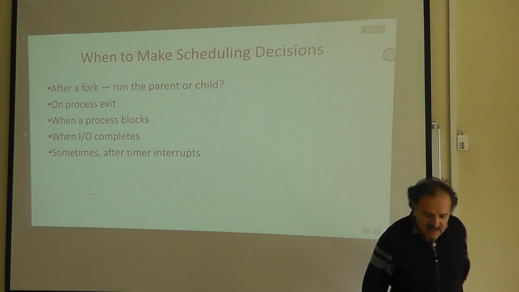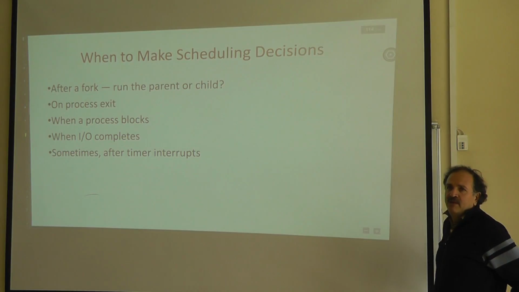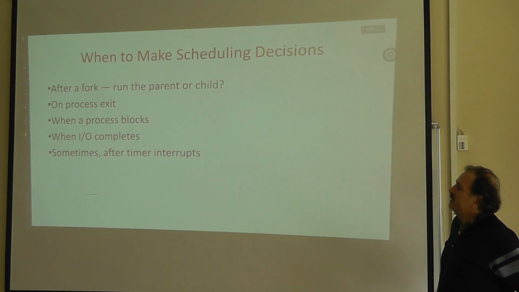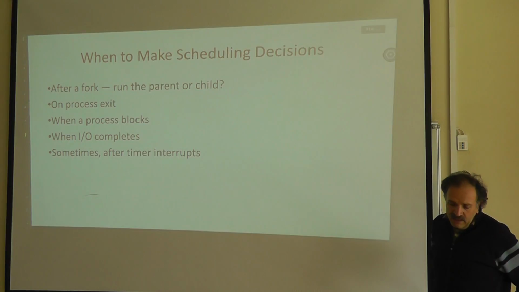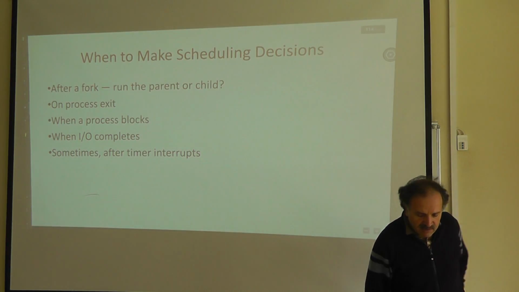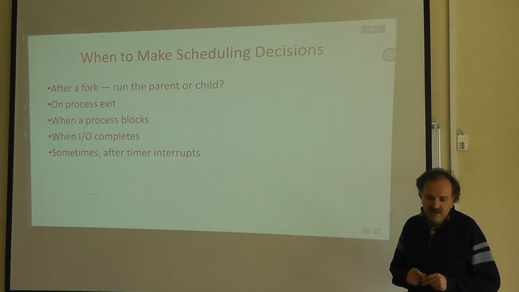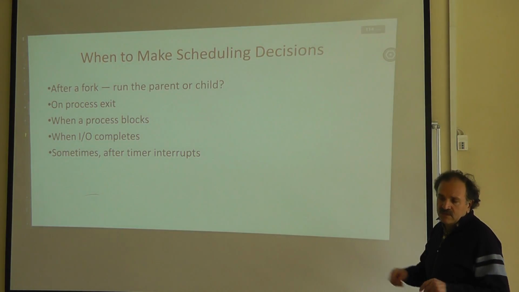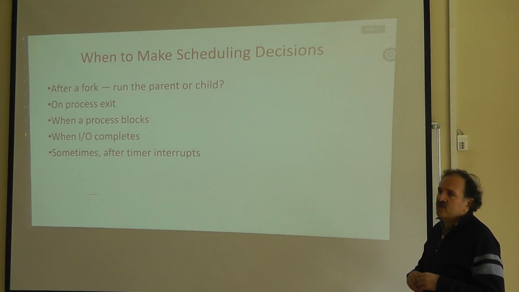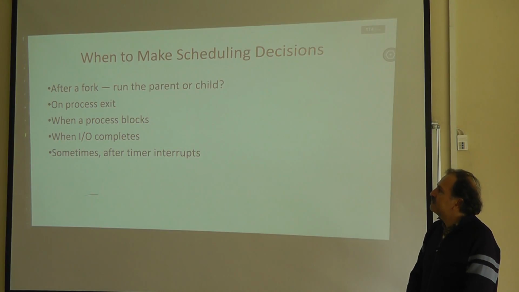If one process exits, if one process says that I am done, exit 0, then I should make a decision about which process to run next. Another scheduling decision. Another one is when the process blocks. What do I mean by blocks? When the process asks for an I/O, say it wants to write to the disk, or read from the keyboard, or write to the screen, or send a packet to the network, that kind of stuff.